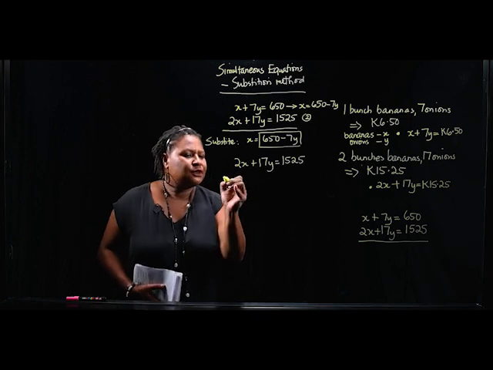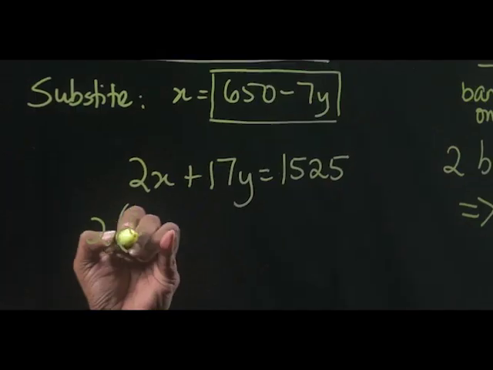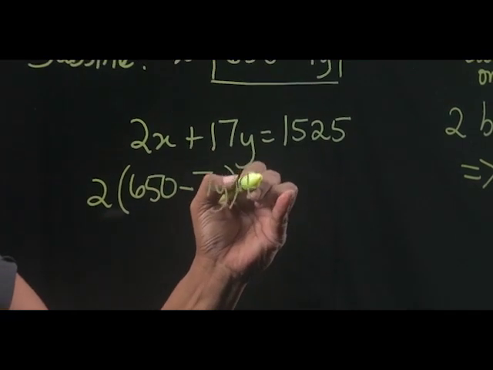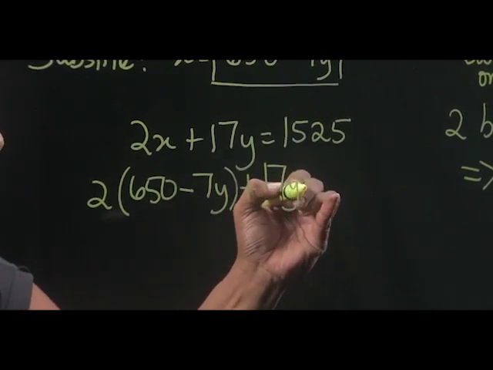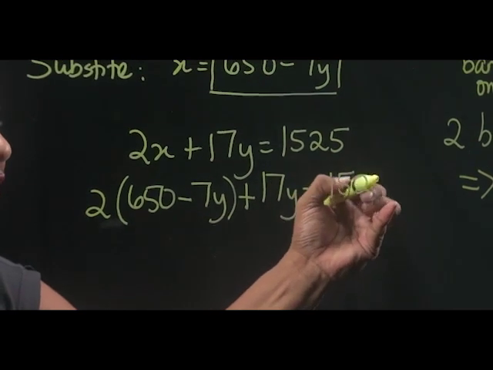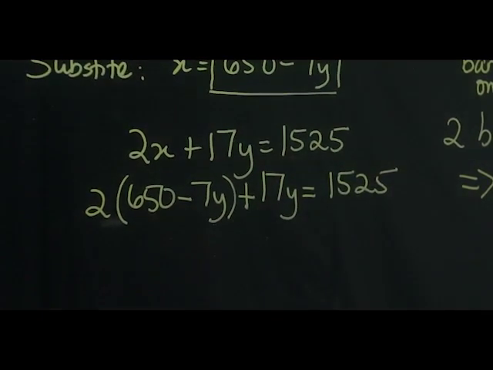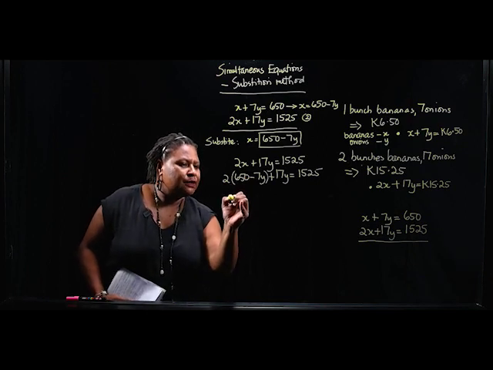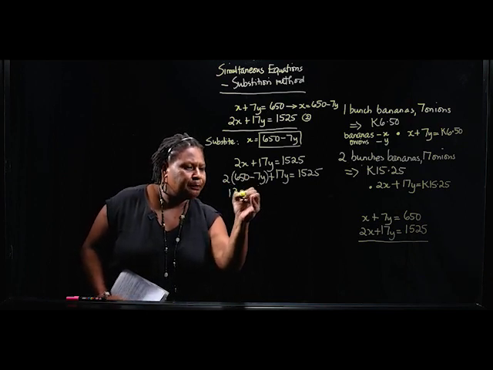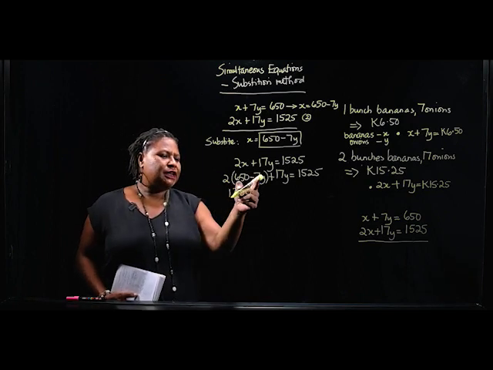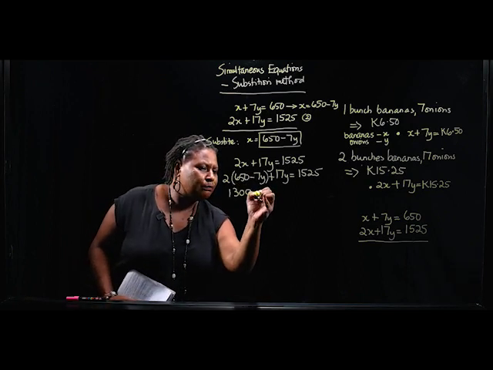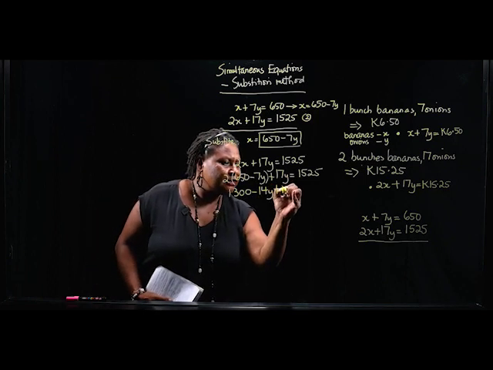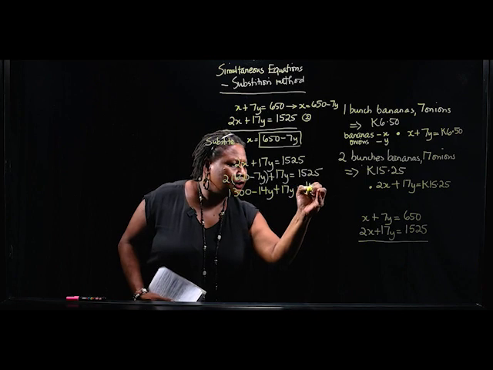So 2 times 650 minus 7y plus 17y is equal to 1,525. So 2 times 650 is equal to 1,300. 2 times negative 7y will be minus 14y, plus 17y equal to 1,525.